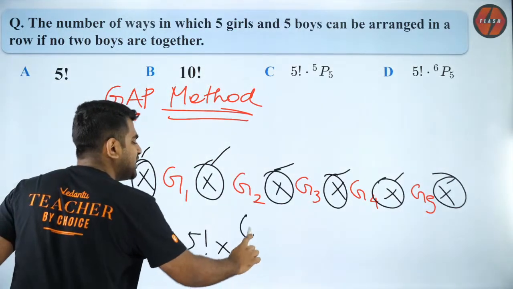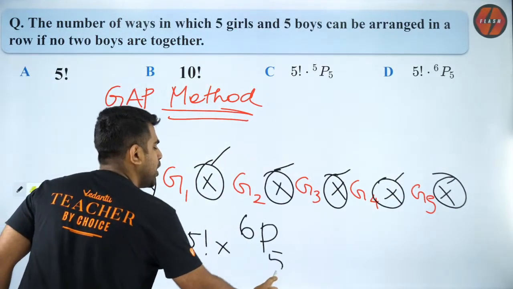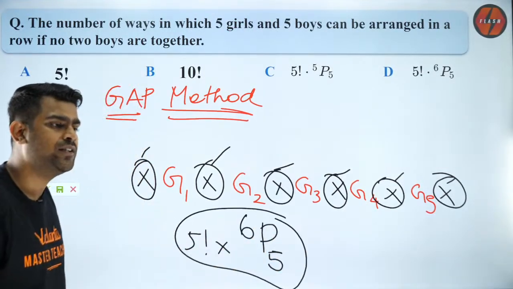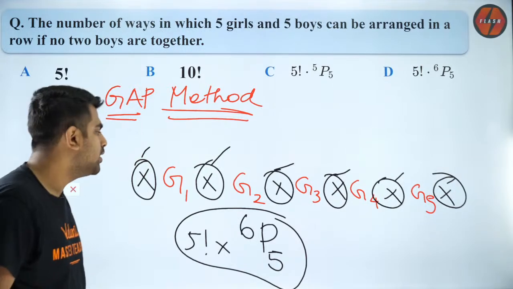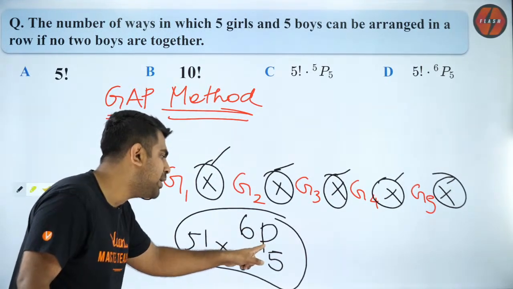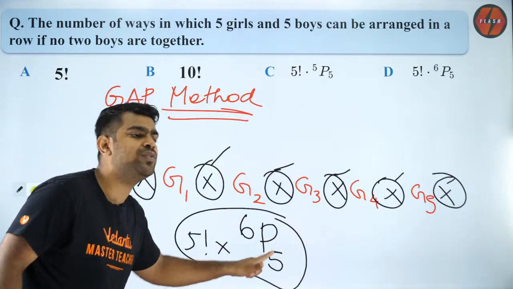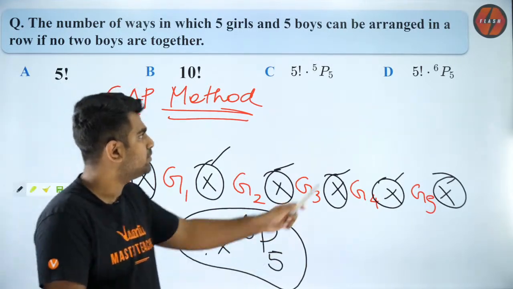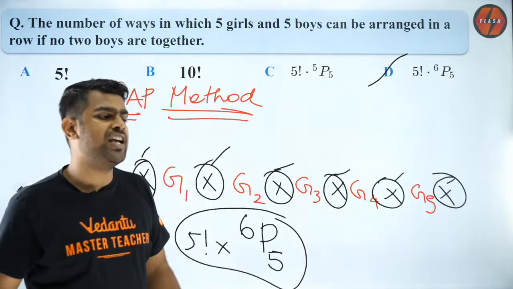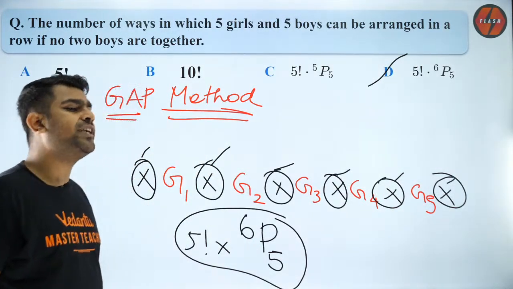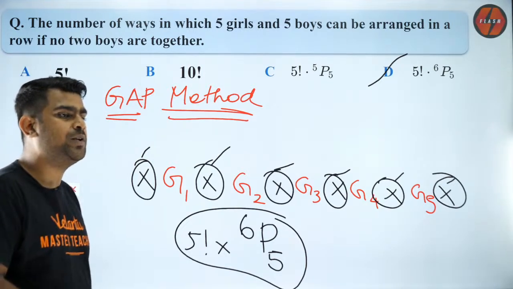So, in 6 places, I have to arrange 5 boys. So, 6P5. Did you understand that, Harini? 6 places, permute 5. So 6P5. 6 places, arrange 5. Got it? So that is why Sanjay was correct and so was Uncharted. Uncharted, very good work. That's absolutely right.